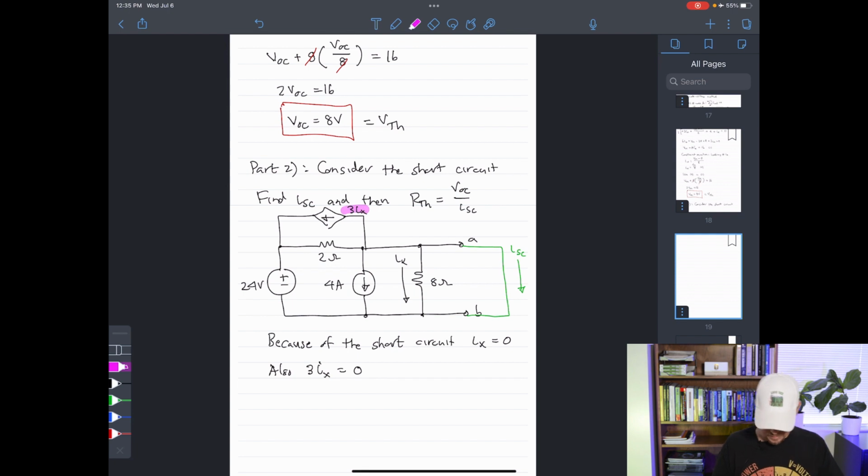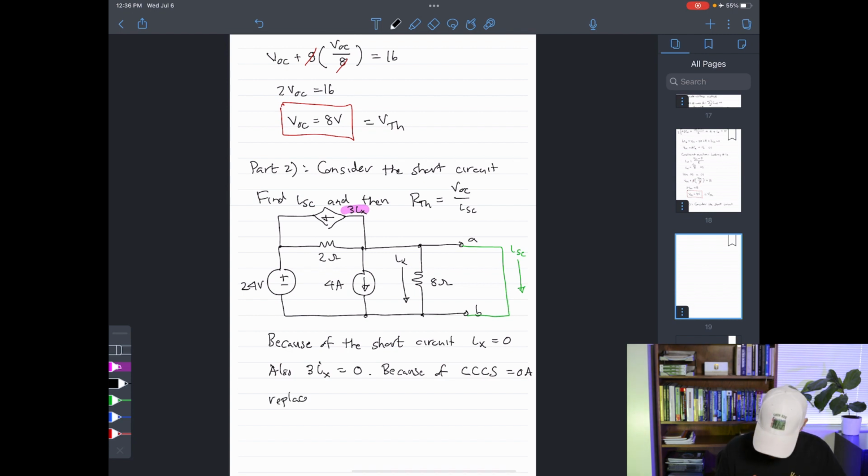Now, the fact that this up here is providing us with 0 amps means that this dependent source, because it is a current source, that dependent current source can be replaced with an open circuit. So here, because of the current-controlled current source giving us 0 current, we replace it with an open circuit.